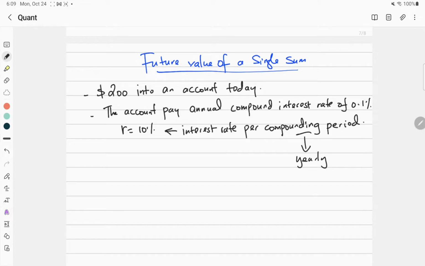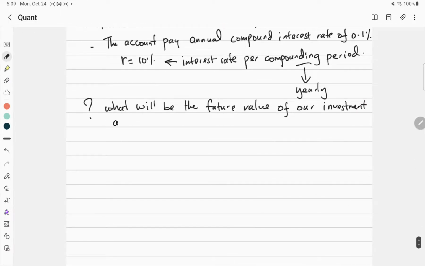And the question we're asked is, what will be the future value of our investment at the end of the second year?